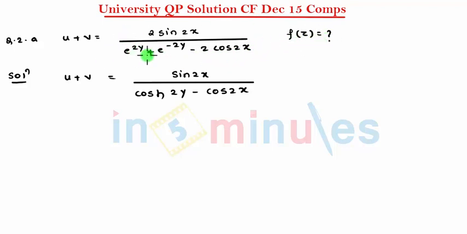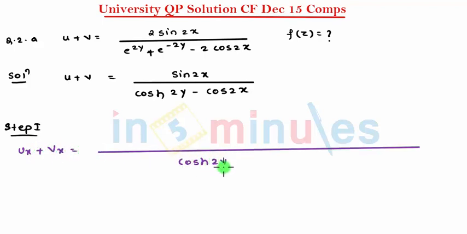I'm modifying this because when I divide 2 into the denominator, I can get the formula of cos hyperbolic 2y, and taking 2 common, I can just cancel it out with this 2. Step 1 is I need to differentiate this with respect to x, so I can write ux plus vx is equal to cos hyperbolic 2y minus cos 2x the whole square, and then this comes to be cos hyperbolic 2y minus cos 2x.